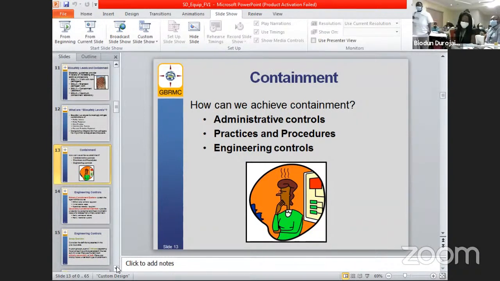Of course, we can have primary containment barriers and then secondary containment barriers. The primary ones are just as written on this slide. They contain the agents at the source, and that means things like BSCs or other ventilation equipment, including the flow hood, animal isolation cages, and specialized lab equipment that contains the pathogen.